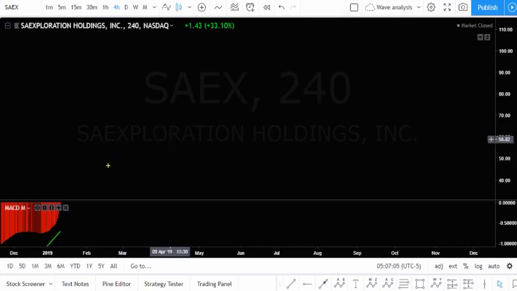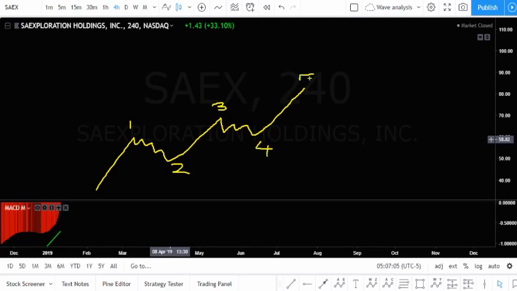So now I want to discuss the way he labeled 1, 2, 3, 4, 5. And if you follow his rules, he said that in each impulse there should be 5 sub-waves. So let's say they labeled this 1, 2, 3, 4, 5, and then each impulse should have 5 sub-waves.